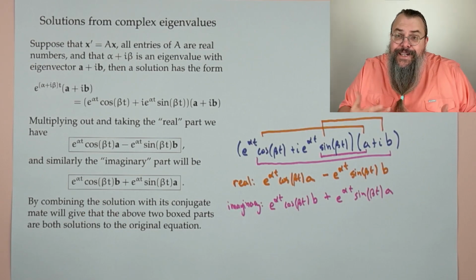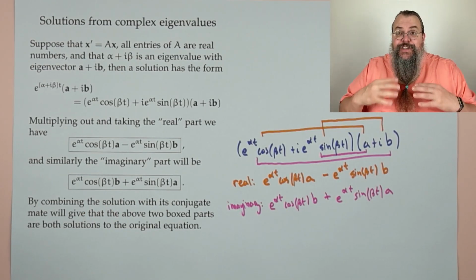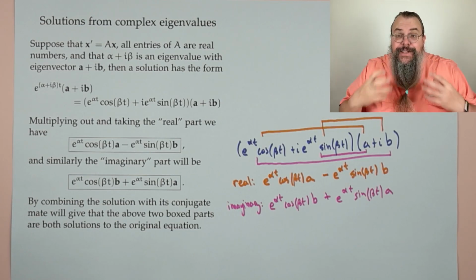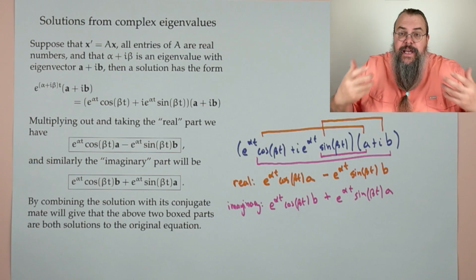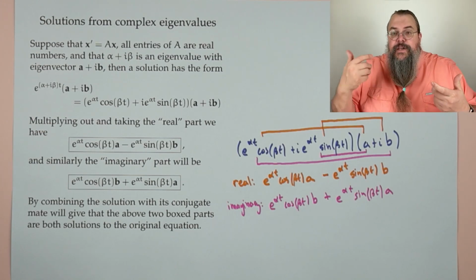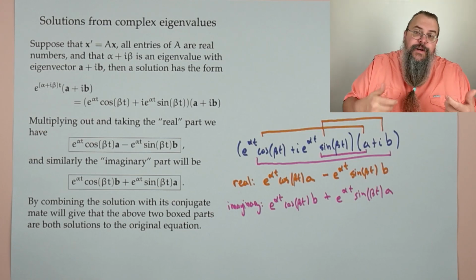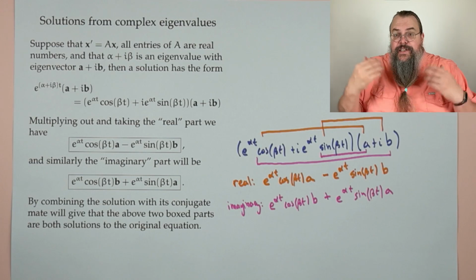Now, how did that happen? Well, remember how we said things come in conjugate pairs? That's how it happened. Because when you expand things in the conjugate pairs, you'll get real part plus imaginary part in one case, real part minus imaginary part in the other case, and then by combining, you can cancel out.